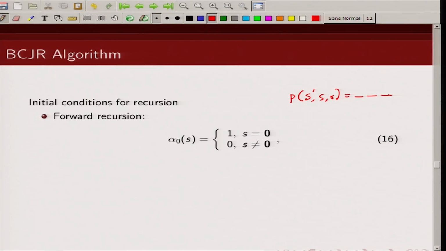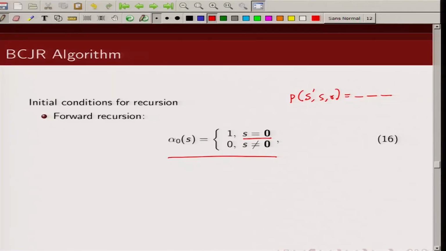Now, alpha and beta can be computed in a recursive fashion. I already mentioned that usually our encoder is in the all 0 state to start off with, and that is why we assume that alpha at time 0 is 1 for state 0 and 0 for all other states.